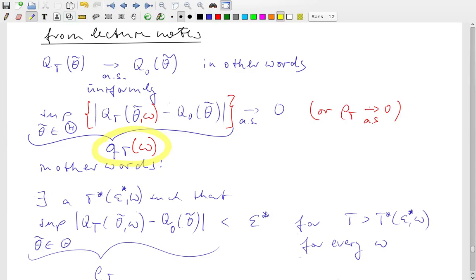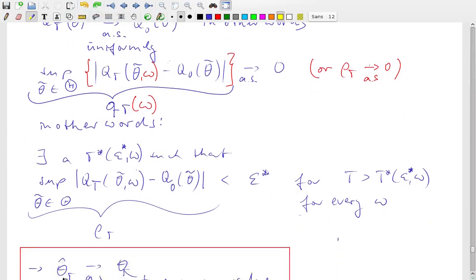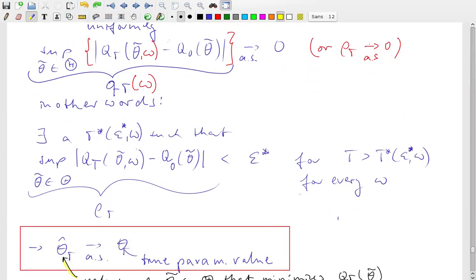Now, if you recall the formal definition of almost sure convergence, here it is repeated for the specific sequence we're going to take a look at, namely this rho t sequence, or the sequence of suprema. And here we have the precise definition of almost sure convergence for this specific sequence.